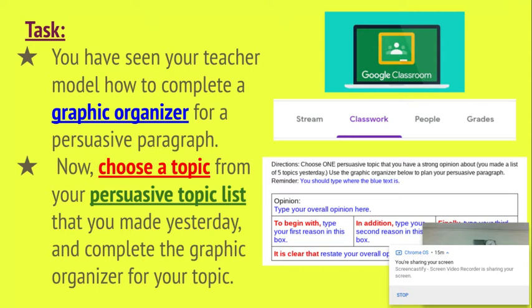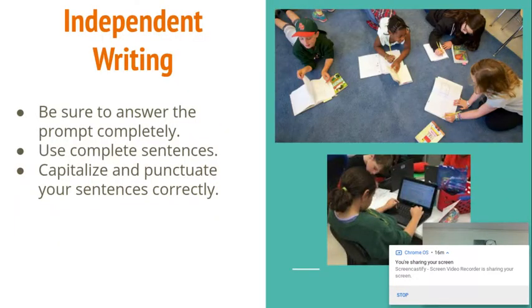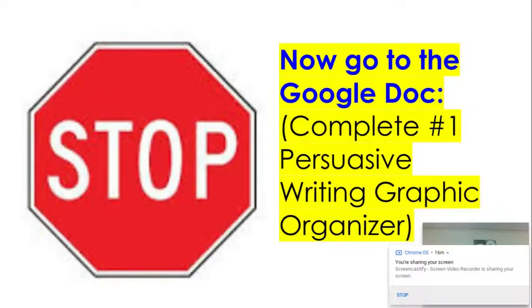And you should have come up with 3 topics that you made yesterday. And you are going to complete a graphic organizer. So you're going to make sure that you fill in all of the sections of the graphic organizer. You're writing in complete sentences. So use capitals and proper punctuation.